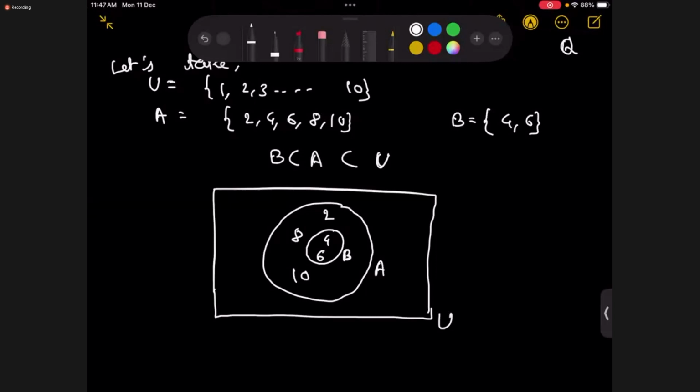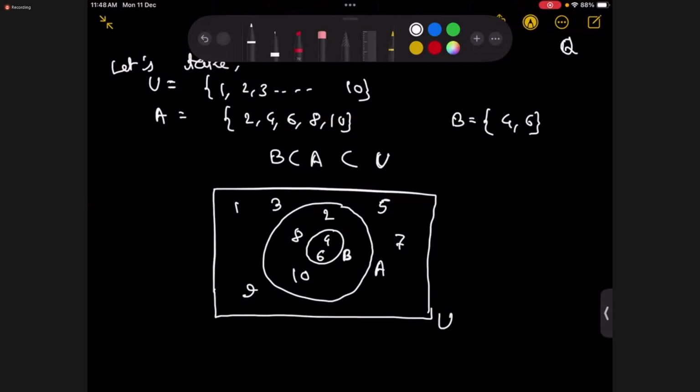And which are the elements that are in neither A nor B? Those are 1, 3, 5, 7, and 9. So these are the points which are in the universal set.